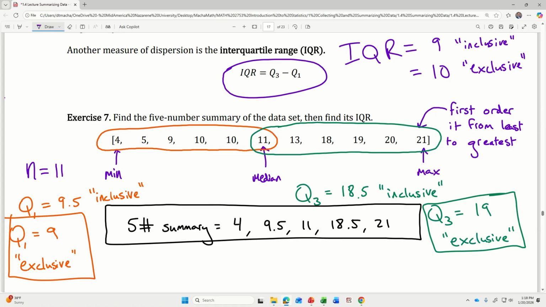Because I'm a lazy person, I normally will choose the exclusive quartile in this case, because then there's an odd number, and I can pick the middle. And likewise over here, I'd have 5 numbers, and I could just pick the middle. But if I had 13 numbers instead of 11 numbers, I would choose the inclusive quartiles, because that way I would have an odd number, and I could just pick the middle number.